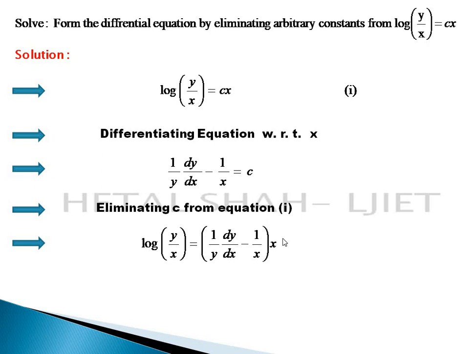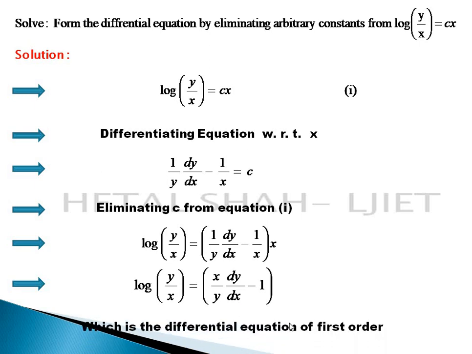Now the multiplication of x into the bracket gives (x/y)(dy/dx) minus 1. So this is the differential equation because it contains the first order derivative dy/dx, which is our required differential equation of first order.